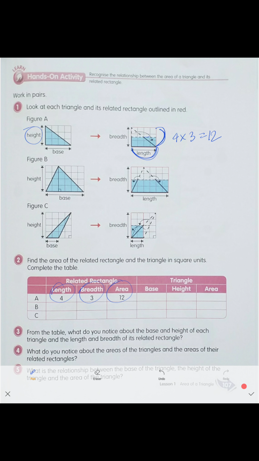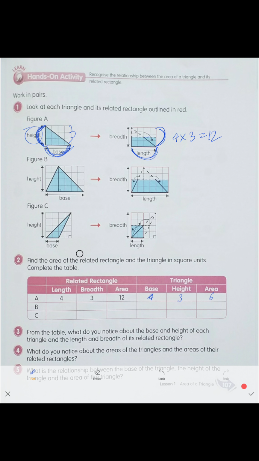Now let's take a look at our related triangle. Same thing, base is 4, the height is 3, 1, 2, 3, right? But we already know that it's half of it, right? So base is same, 4, and then 3, but the area is twice as little, right? So 6, area is 6.